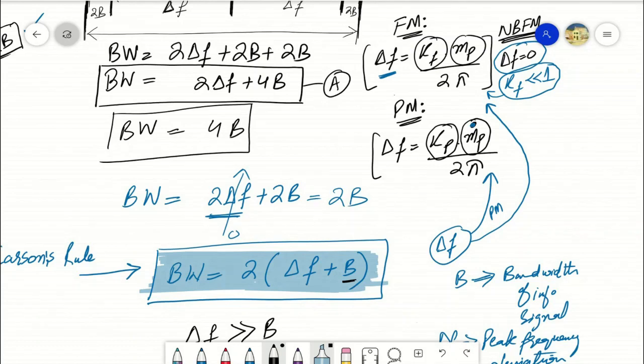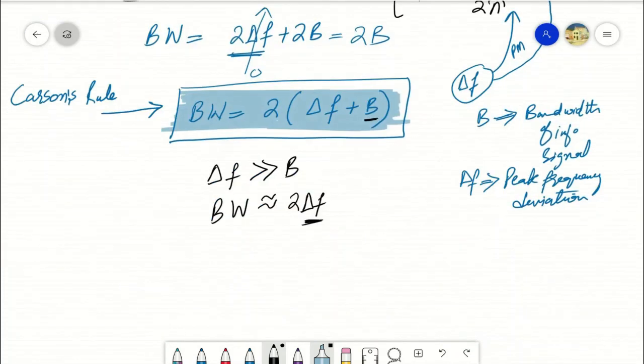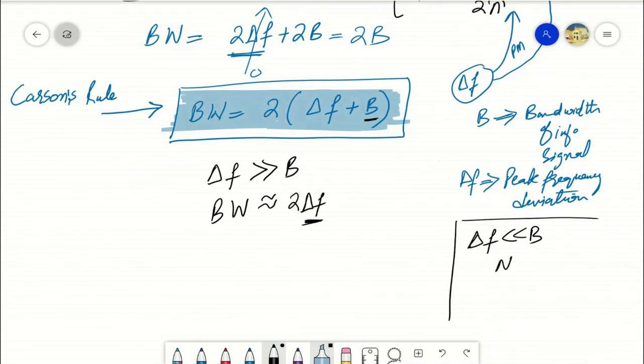By manipulating these constant values, the bandwidth of wideband frequency and phase modulated signals can be controlled. While this formula only holds for wideband signals, in the case when delta f is less than b, it refers to the case of narrowband frequency and phase modulated signals or narrowband exponential modulated signals.